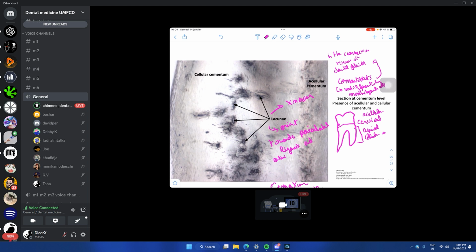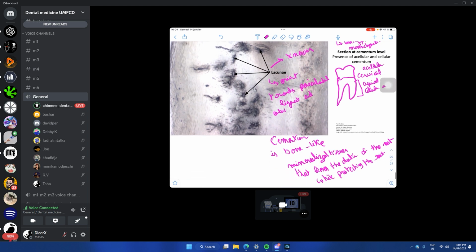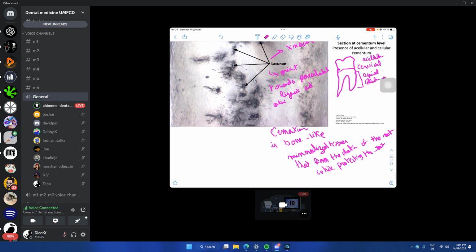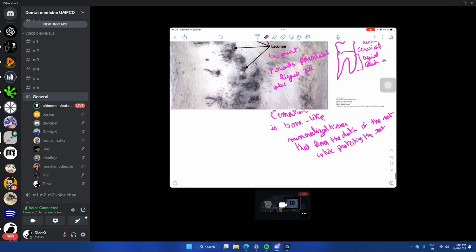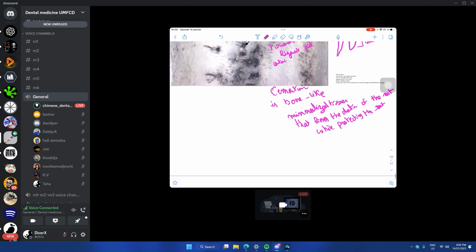Those nutrients will come from the vascularized ligament, which is the Sharpey's fibers from the periodontal ligament, and they will be embedded in the cementum, okay. I think that's it. I've already told you this.